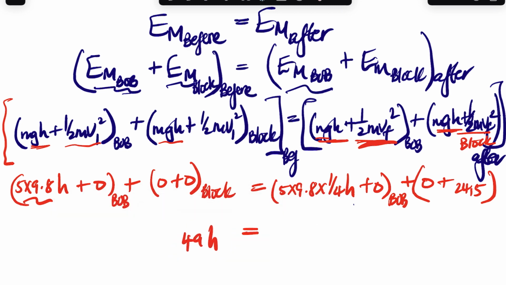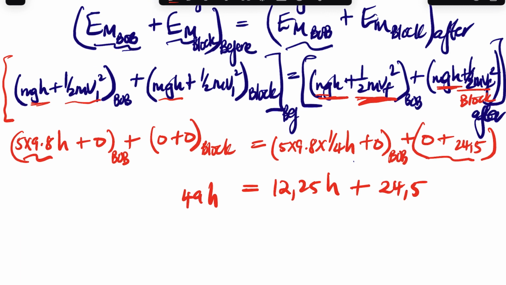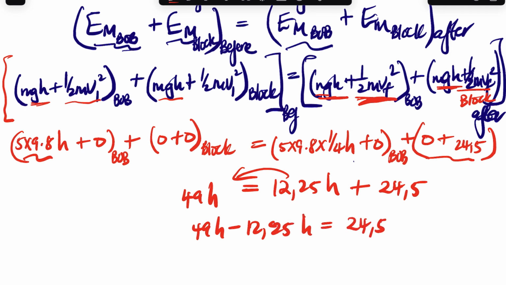And then we're going to have 5 times 9.8 times a quarter, so 5 times 9.8 times 0.25, which is 12.25h, plus this 24.5. And then we transpose. We're going to have 49h minus 12.25h is equal to 24.5, and then your h is going to be 0.67 meters. That's easy, just like that.